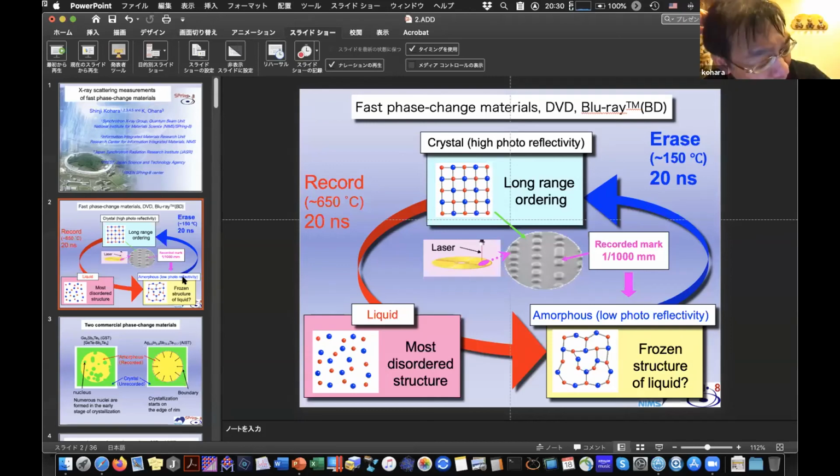Sorry, I can't understand. What light induced process could take place in the transformation from liquid to amorphous, or from amorphous to crystalline, and maybe back? Which of them could be light induced?